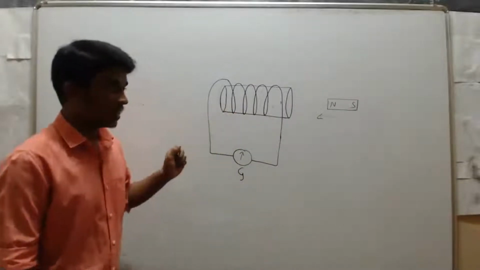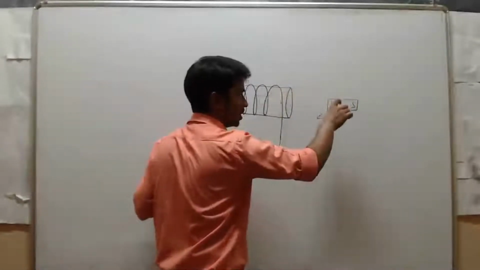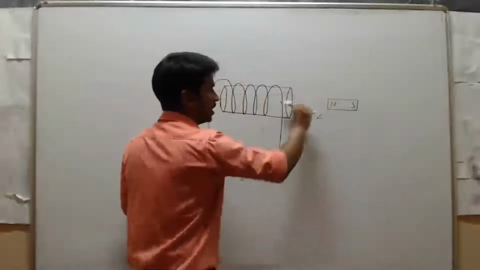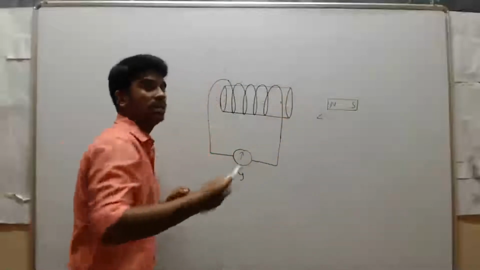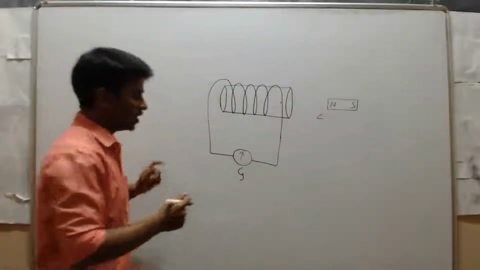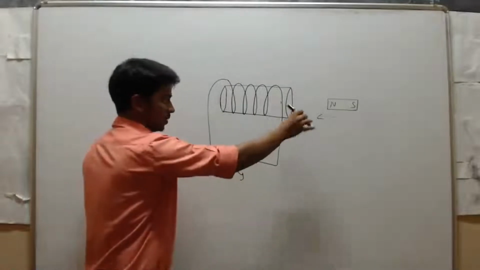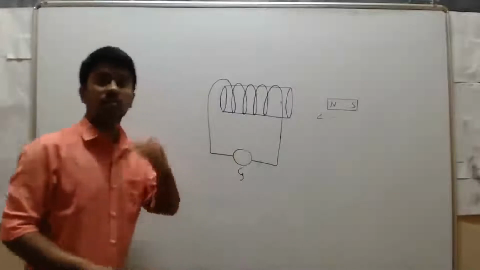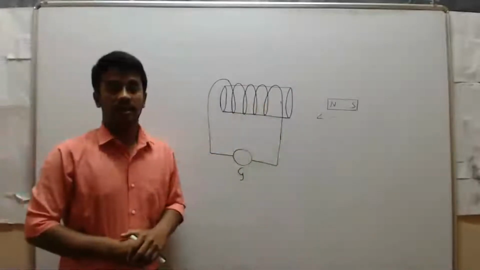If we want that current continuously, then we have to keep this bar magnet in motion, bringing it inside and outside continuously. At that time it will show the deflections continuously. Then we can say that electric current is induced in this coil.